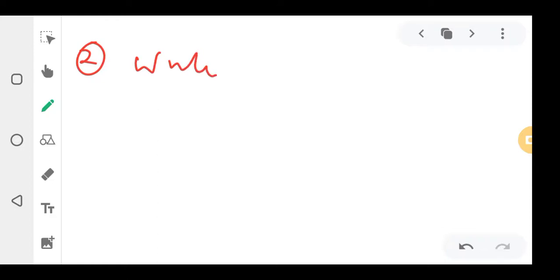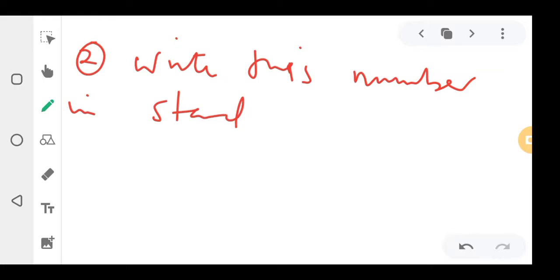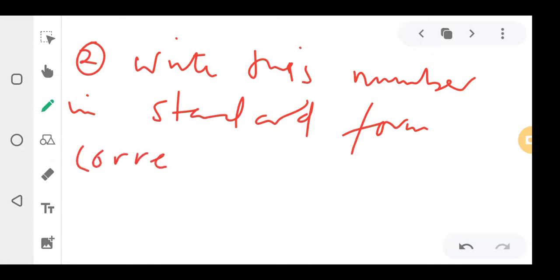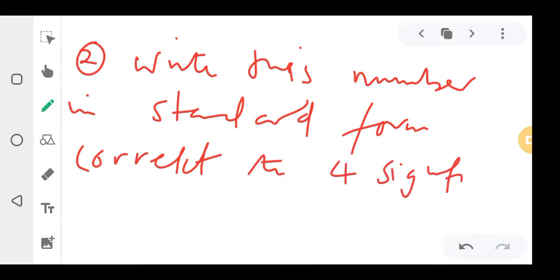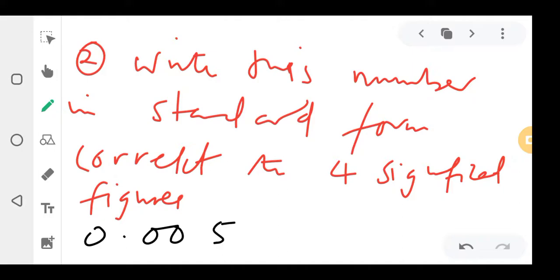Let's go to question 2. Write this number in standard form correct to 4 significant figures. What is the number? 0.0057678.